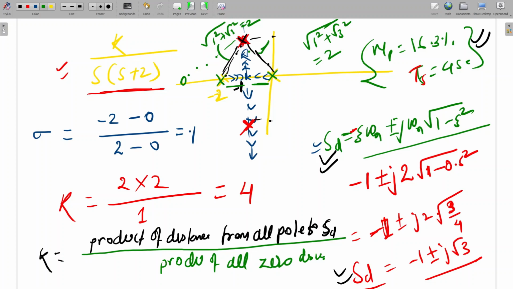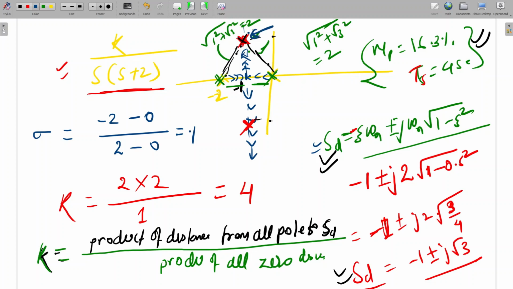Is it clear? See, these two poles are there in our system. So the k value is equal to the product of distance from all the poles to the desired point, divided by the product of distance from all the zeros to the desired point. This is our desired point.